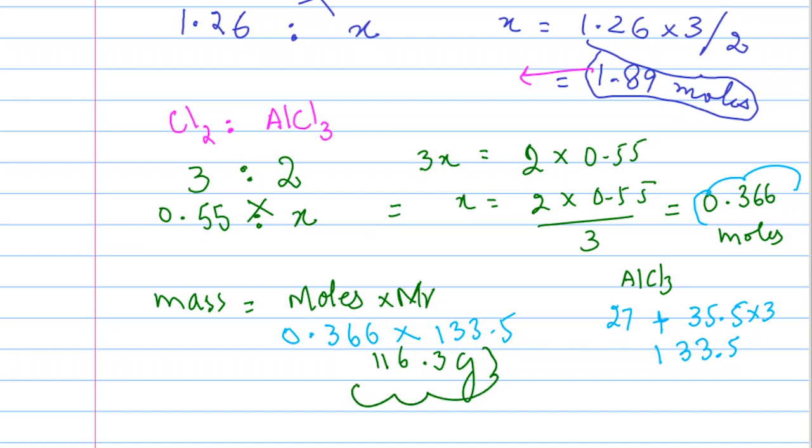So this is our answer, 116.3 gram. This is the way through which we calculate and proceed with the rest of the question by using the limiting reactant. It is very necessary for us to know how to calculate all the values.